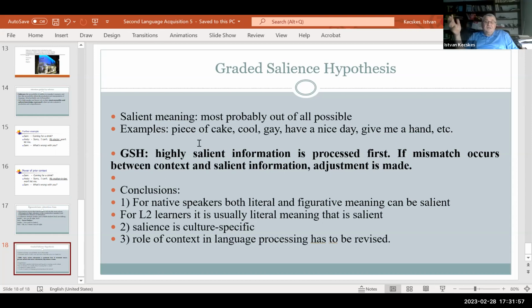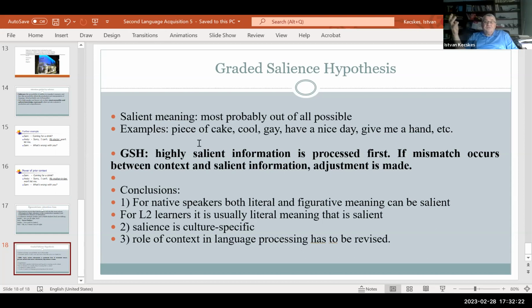So the linguistic sign gains meaning in context, which is most of the time true. However, we know that many, many times it happens that expressions make their own context. You know, so there is nothing like something without context.